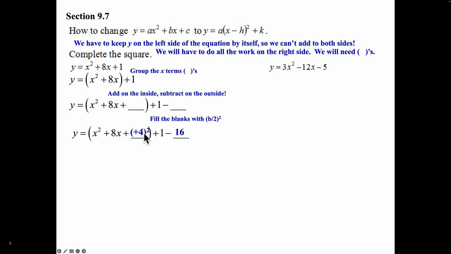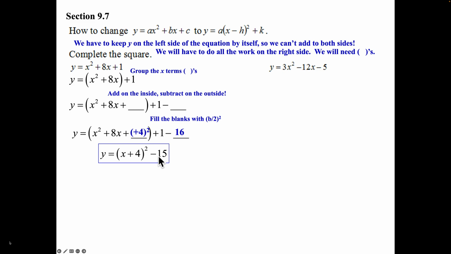Now the inside factors to two binomials, x plus 4, which becomes x plus 4 squared, and 1 minus 16 is minus 15. And there you go, you've got the vertex form.